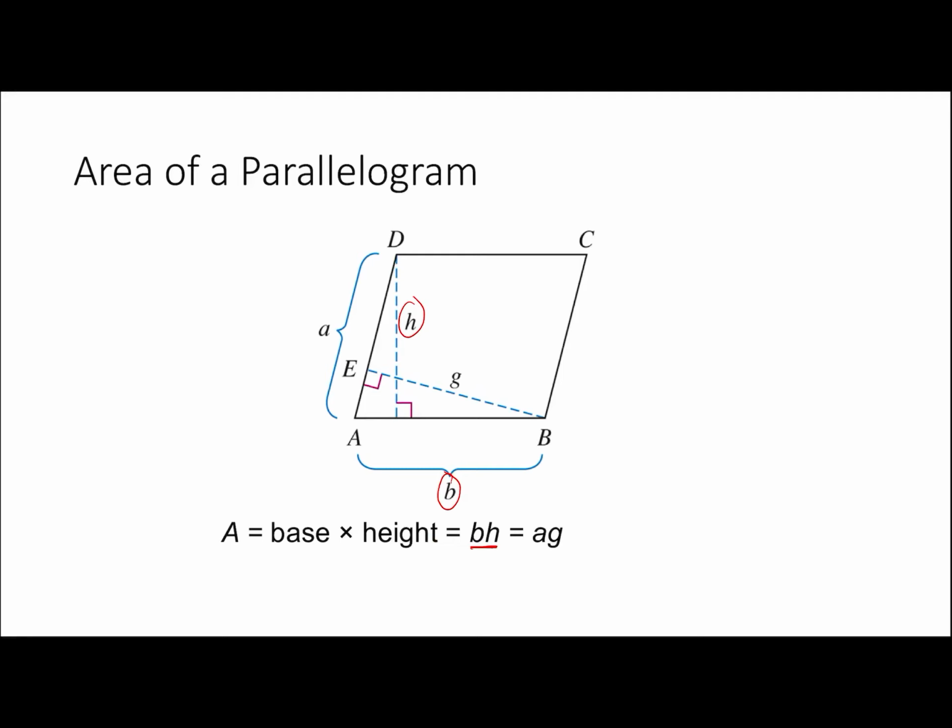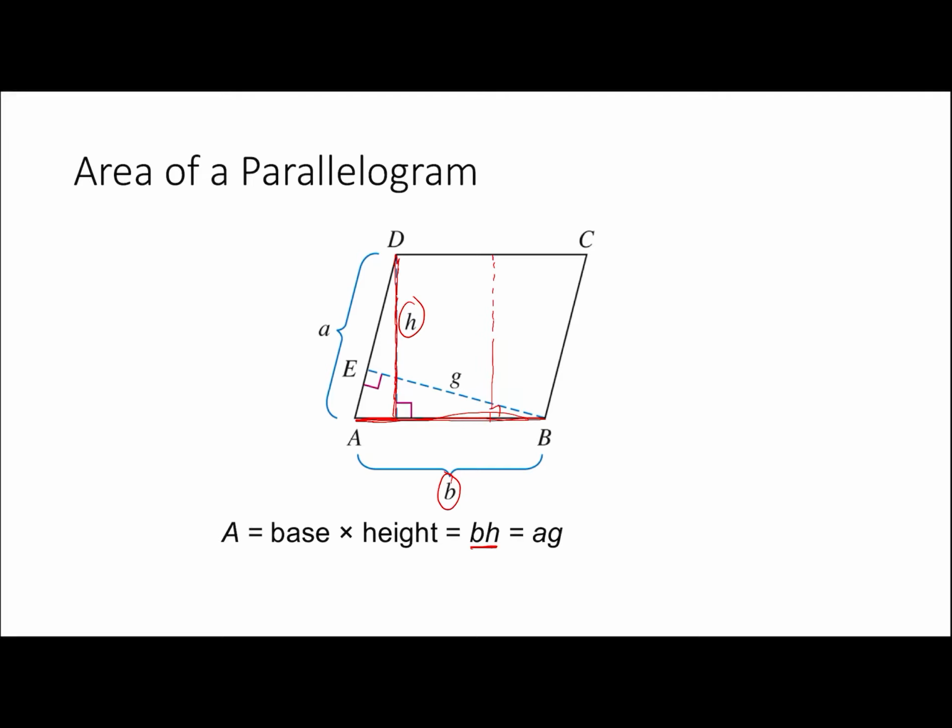And so if you take one of your bases, the height is the perpendicular segment that goes up from that base through the opposite side. That's what the H is in this case. And that H could have been drawn out here somewhere. That would have been fine as long as it's perpendicular. And that tells us how tall this parallelogram is. And so when we multiply base times height, we get that area.